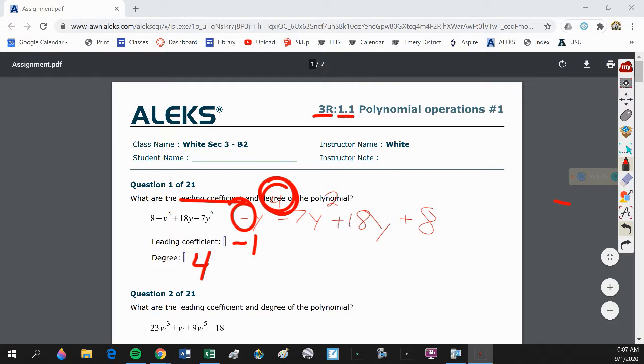Okay? Now, a polynomial can be turned into a 2-dimensional graph, and that graph has a shape depending on what the degree is. The degree kind of tells you what class the polynomial is in and what the basic shape is going to be. And then the leading coefficient tells you the direction that the polynomial goes.